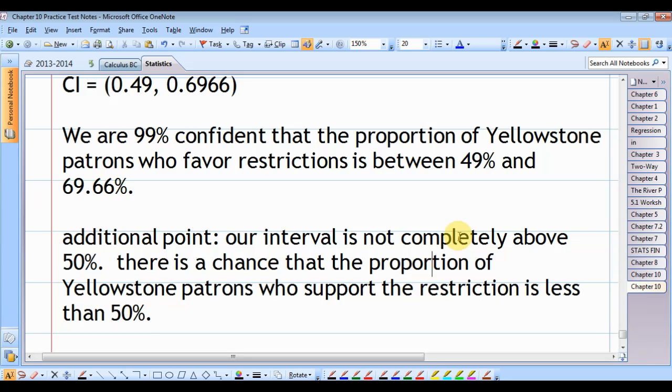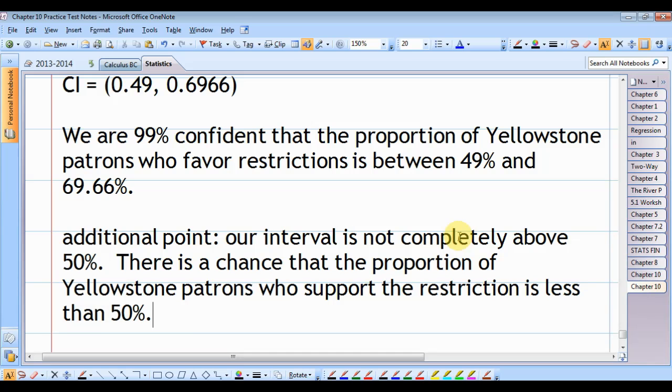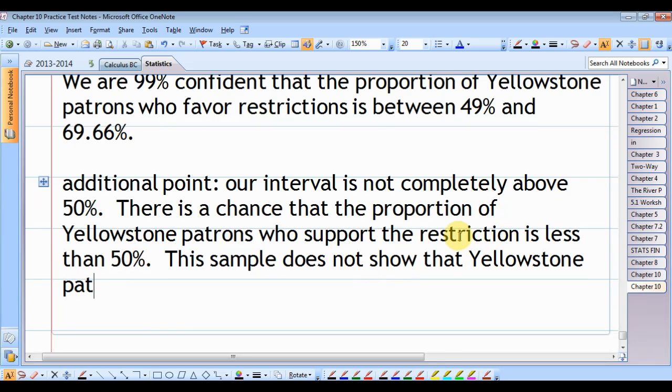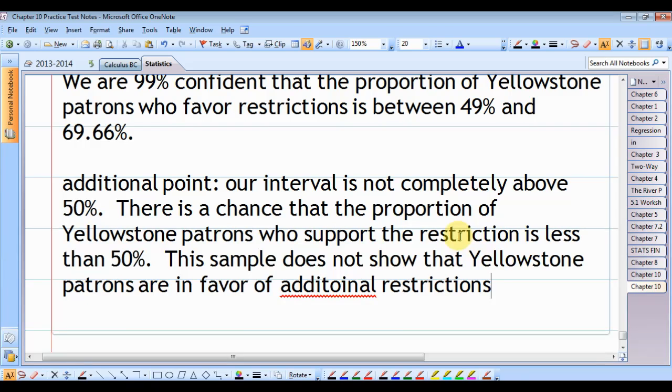In other words, to be a little more concrete here, this sample does not show that Yellowstone patrons are in favor of additional restrictions.